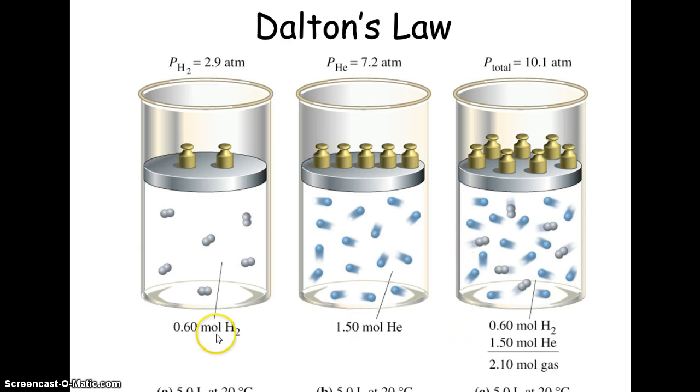So for each one, when we've got moles of hydrogen, moles of helium, to find the total pressure, we just add up the pressure of helium plus the pressure of hydrogen. Same to find the total number of moles, we add up moles of hydrogen, moles of helium, and get a total of 2.10 moles of gas.